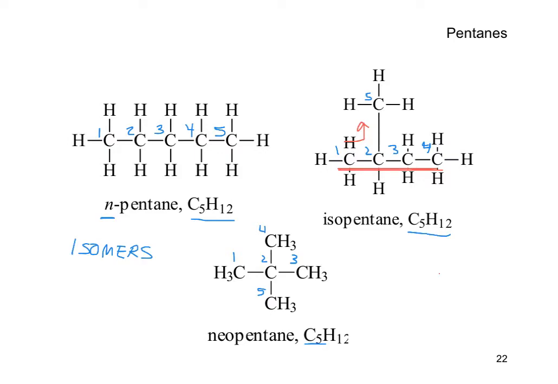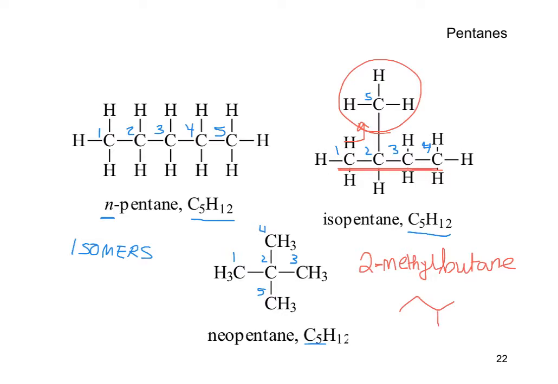So I'm going to call it a butane. And it's the kind of butane, the second carbon of which is holding a methyl group. So I'm going to call it 2-methyl butane.